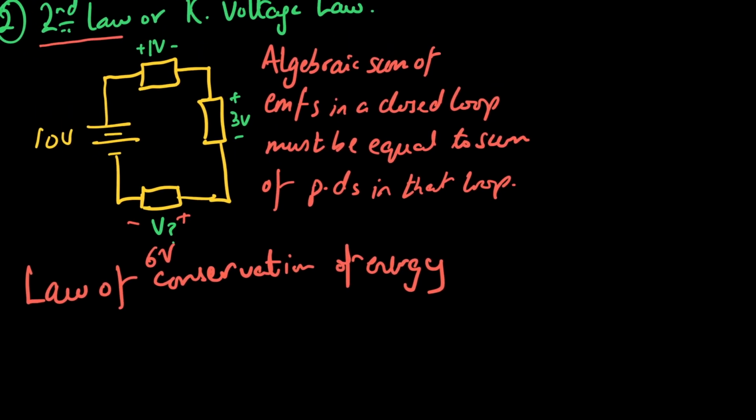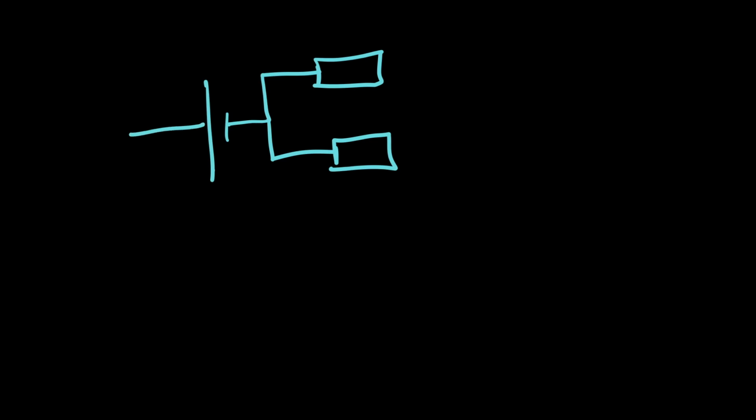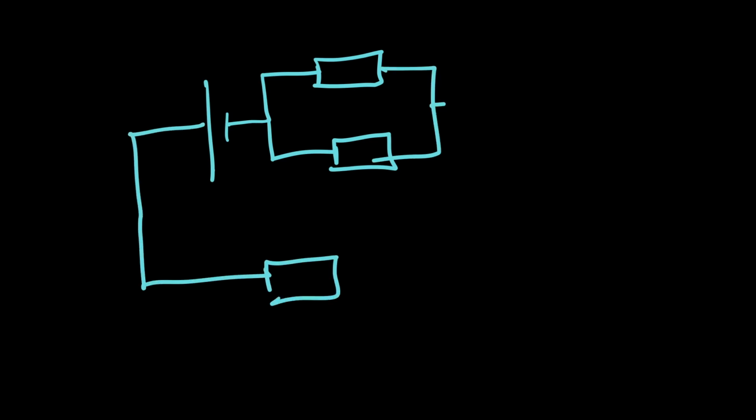So to give you an idea of how to handle some tricky questions, let's go with an example. I think you have a cell and you have two resistances over here like this, and you have one resistance over here, and this is your circuit pretty much.